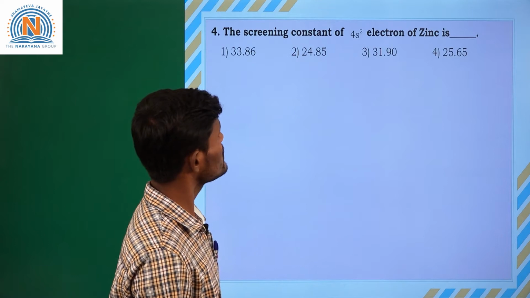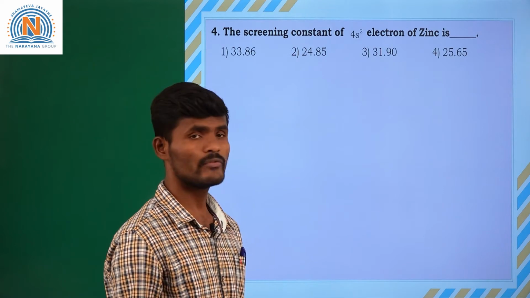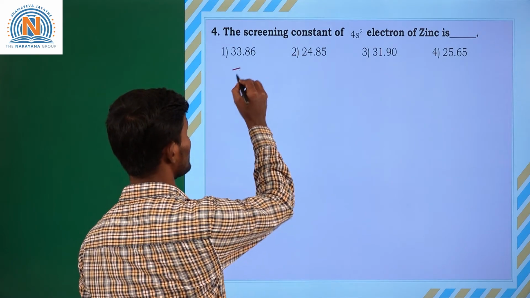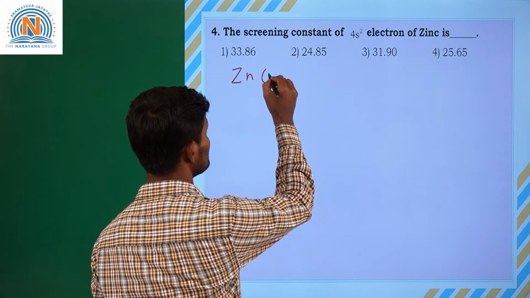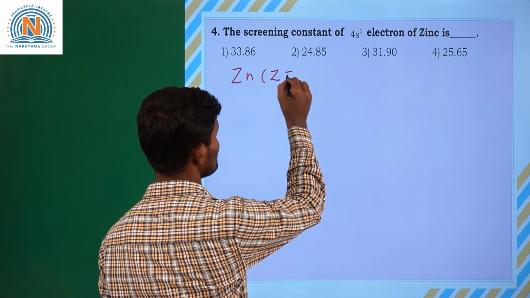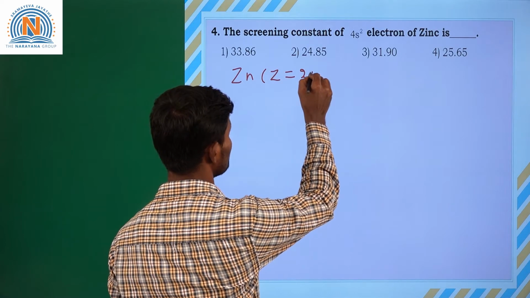The screening constant of the 4s2 electron of zinc is. For this we need to write the electronic configuration of the zinc atom. Its atomic number is 20.